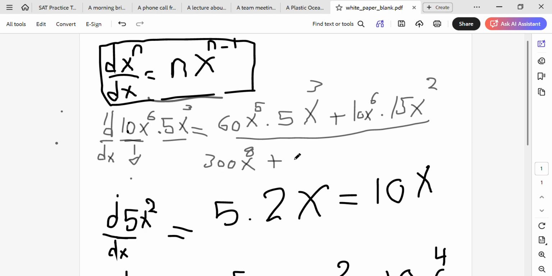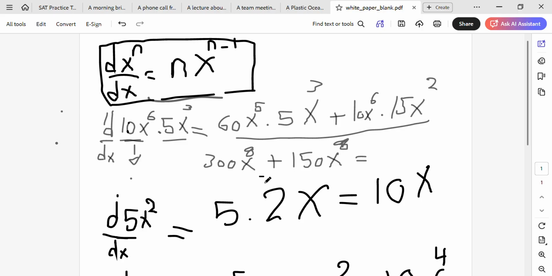times 15x. So 10 times 15, that's 150. And since it's multiplication with the same base, we're just gonna add the powers together. 6 plus 2, that's 8. So I have 300x raised to the power 8 plus 150x raised to the power 8.